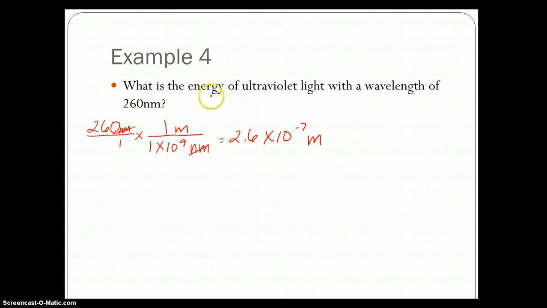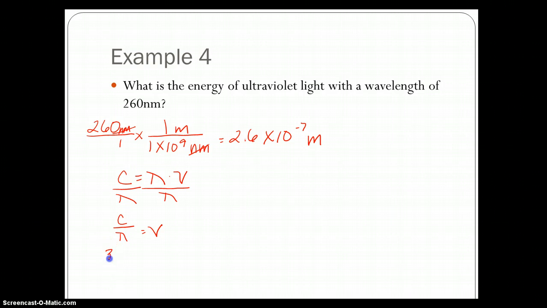Okay, now we want to find energy, and we know to find energy we need frequency, but we don't have frequency, we have wavelength. So how do we get frequency? We use our speed of light formula. We want to solve for frequency. So speed of light over wavelength equals frequency. We know the speed of light, it's a constant.